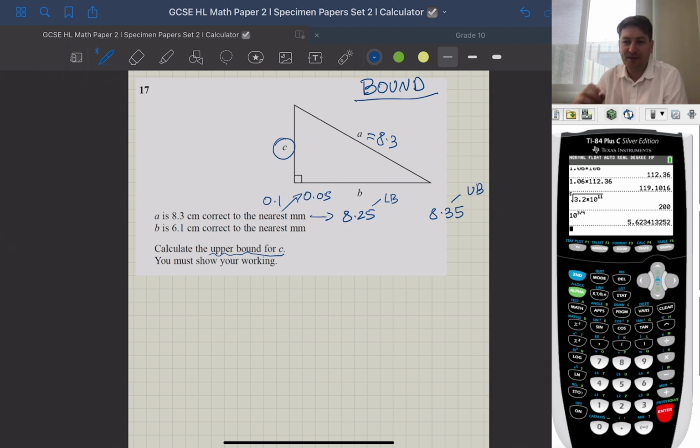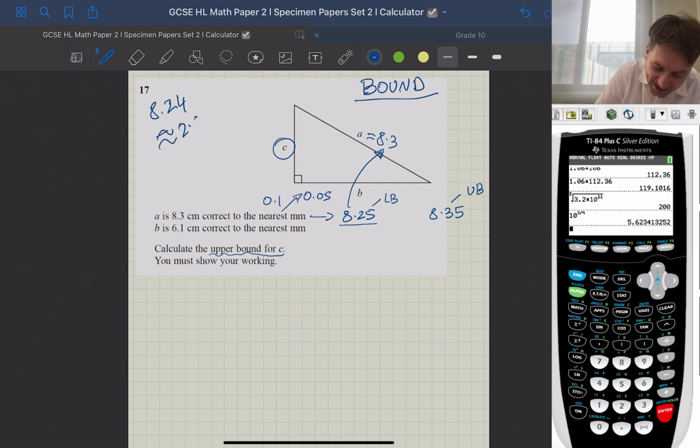Now the definition for the bounds is that if I measured something, this is the first number that would round to 8.3. Because imagine if I had 8.24 and someone said round this to the nearest millimeter, well, I would say this is 8.2. It's not going to round to 8.3.